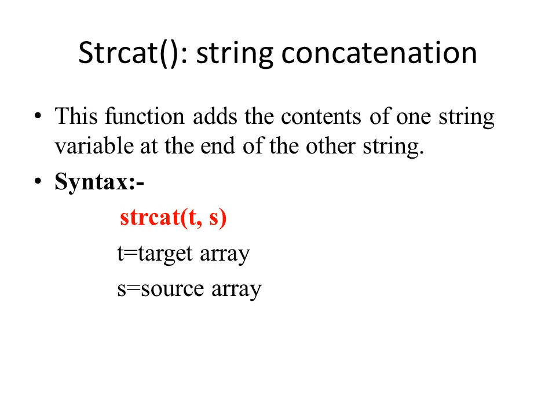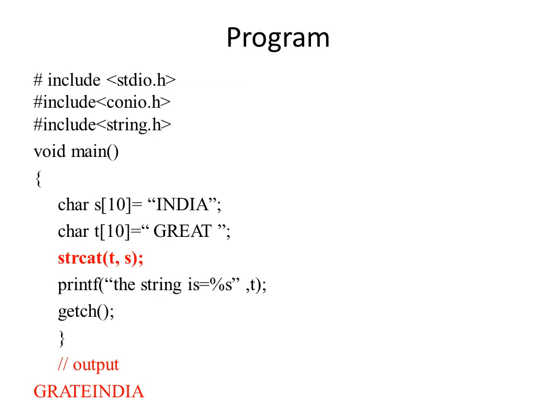The syntax for this is strcat(t, s), t for the target array and s for the source array. So after the execution, the source contents are there, after that the target array elements are available, and the total data is now available in the target array.